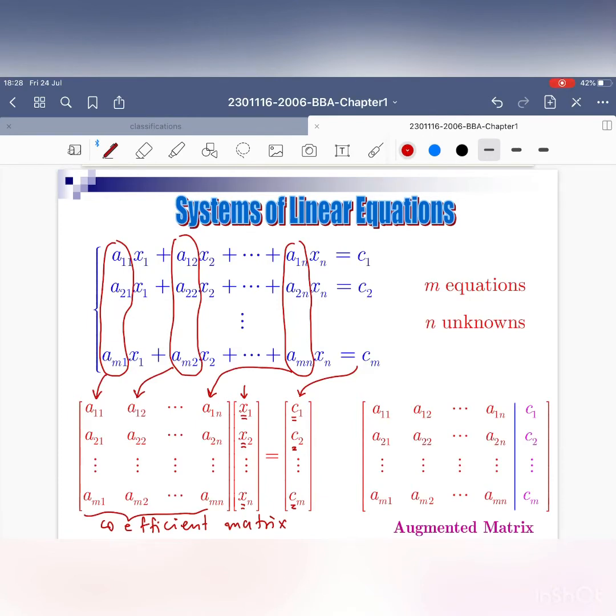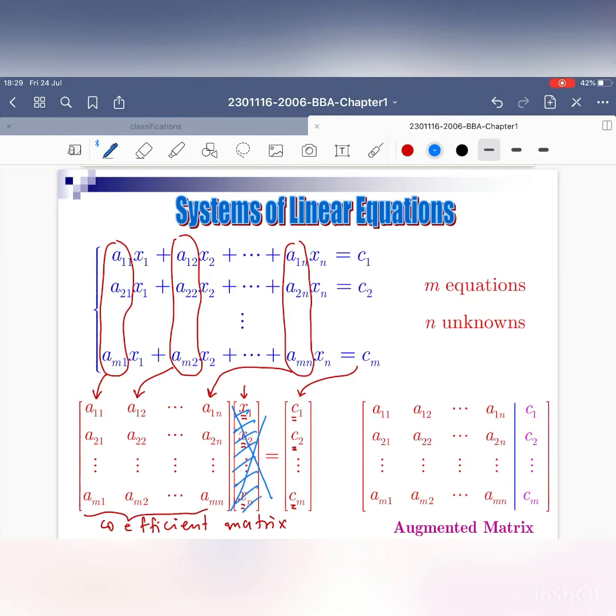And as we told you, because the variables have nothing to do with the calculation as you change the system using row operations, we are going to ignore the variable matrix.